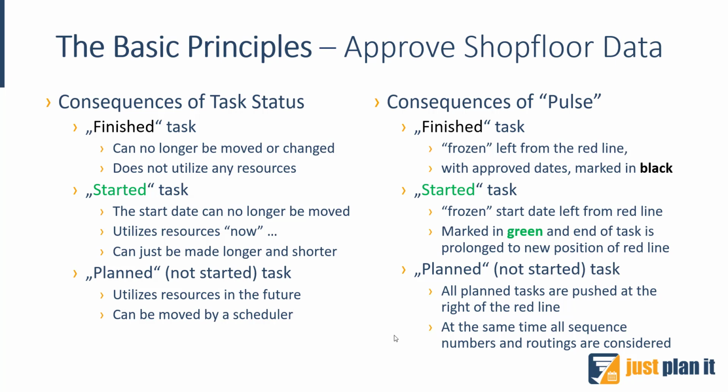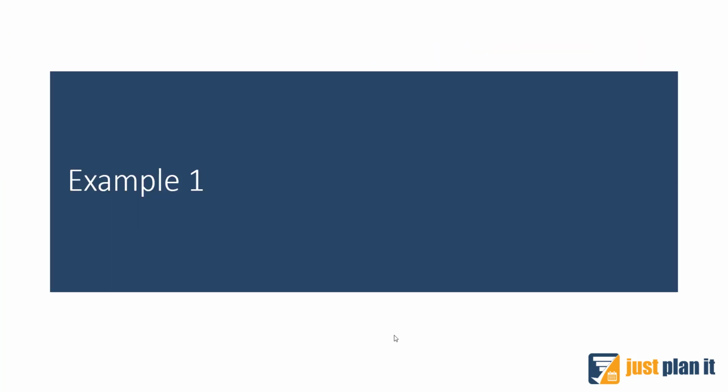And the earliest possible start date for all planned tasks is the red line, of course. And planned tasks have information such as the sequence numbers and routings, as you know already.